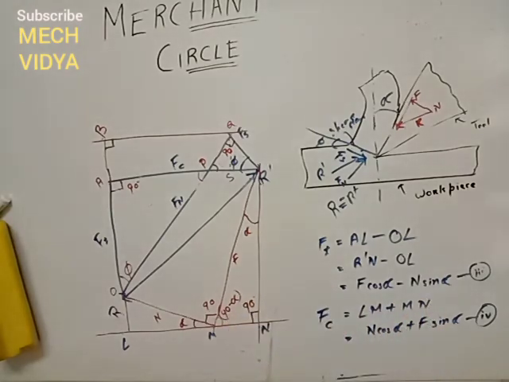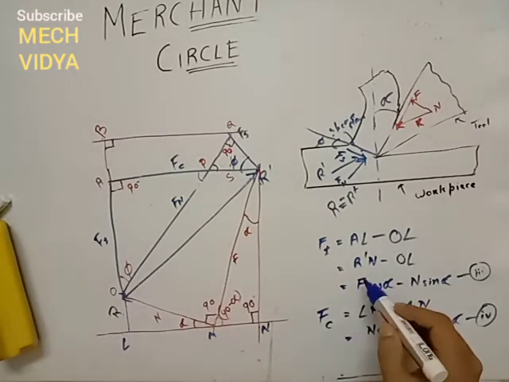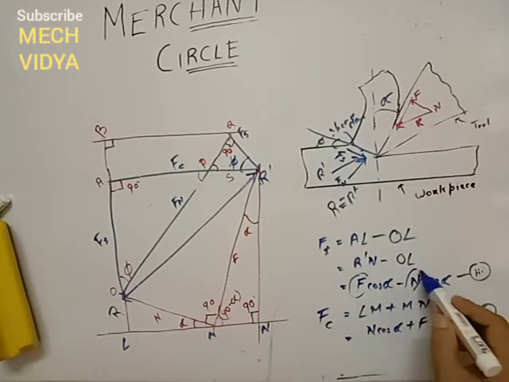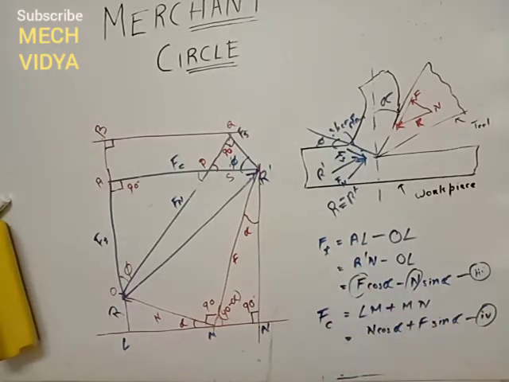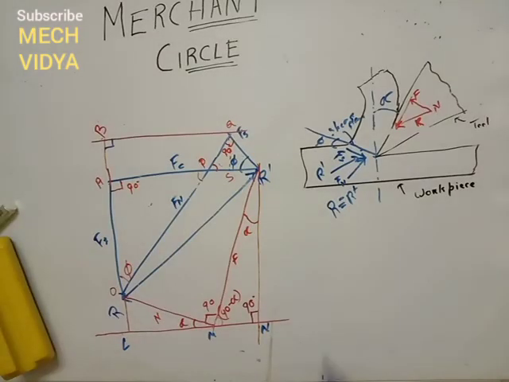Now like previous equations, we have to find out the values of F and N in terms of Ft and Fc. Okay, inverse thing we have to do. So for this, as I told you earlier, we will apply the same trick here. Let us write both these equations here.